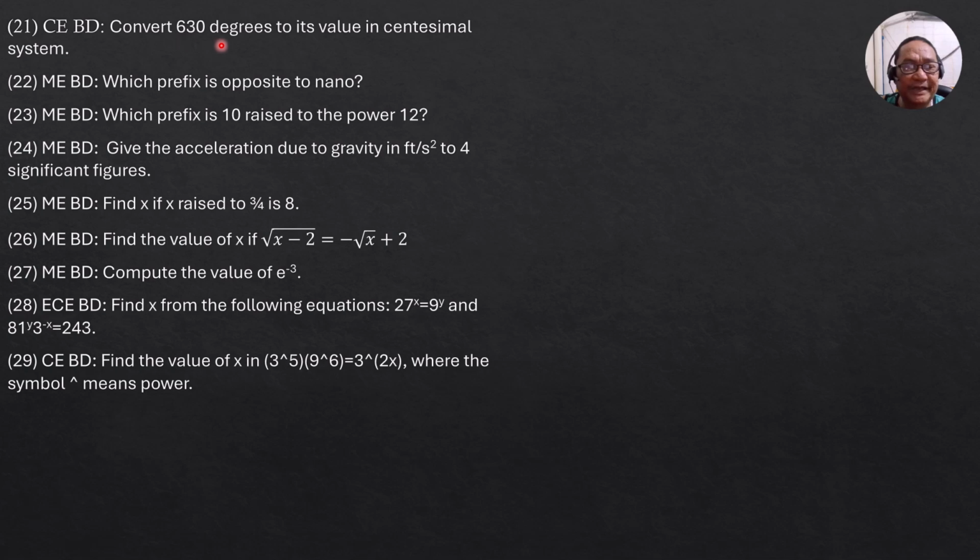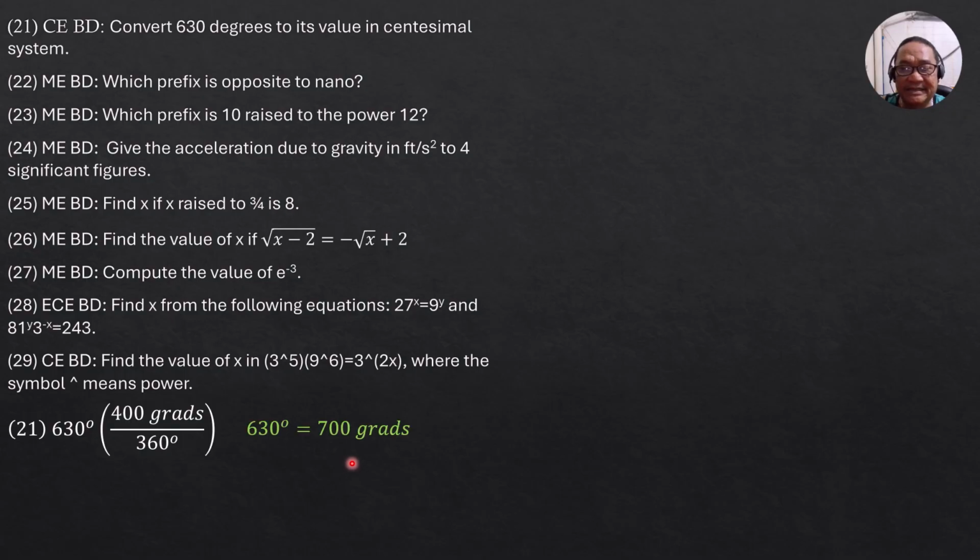The conversion is we multiply this by, remember, one whole circle is divided into 400 equal parts, and each part is called a grad. So therefore, 630 times 400 grads over 360 degrees is equal to 700 grads. So that's the value in centesimal system.